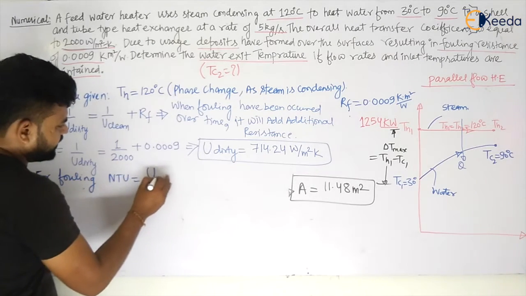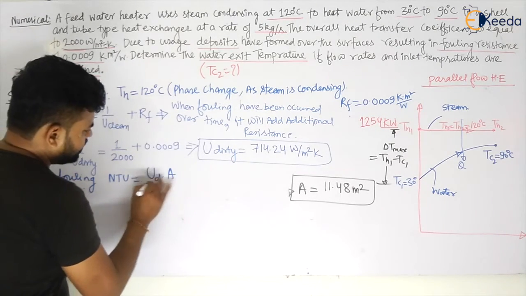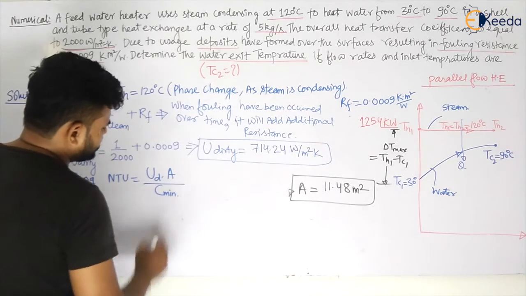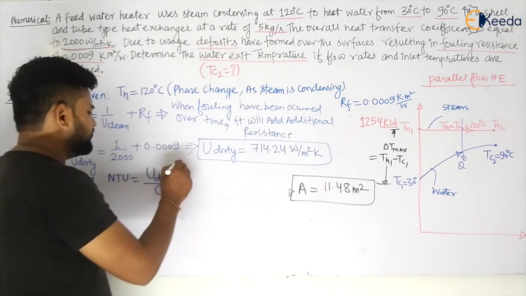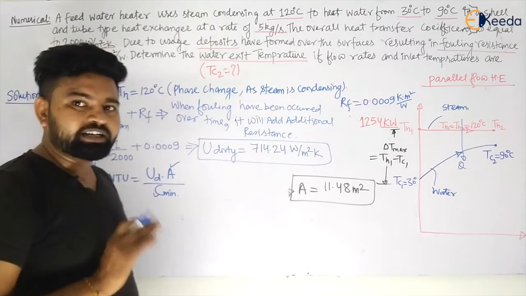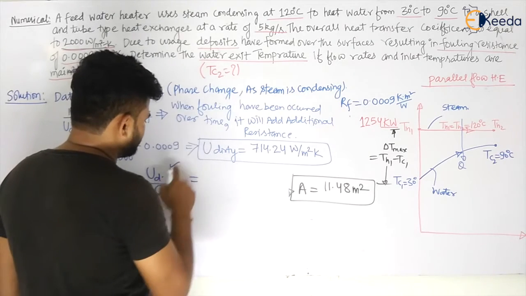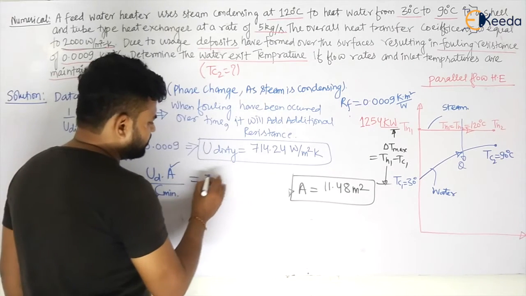This will be U dirty into area divided by C minimum. So my dear students, now the area will be unaltered and C minimum will be unaltered. It will not have any change. So U clean is changed to U dirty now.